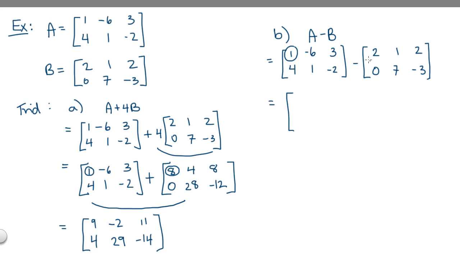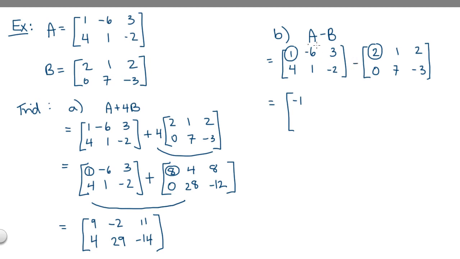So if we look at the top left position here, 1 minus 2 is negative 1. And as we go through this, we'll have to be very careful about the signs because we've got this negative sign here. Subtraction is always a little bit trickier than addition because we have to keep remembering that sign there.